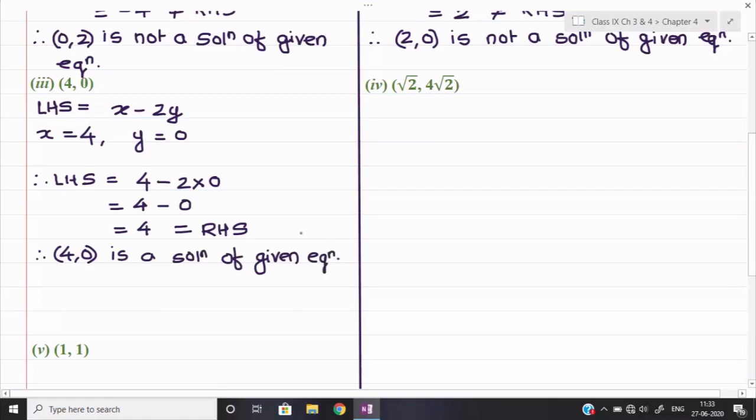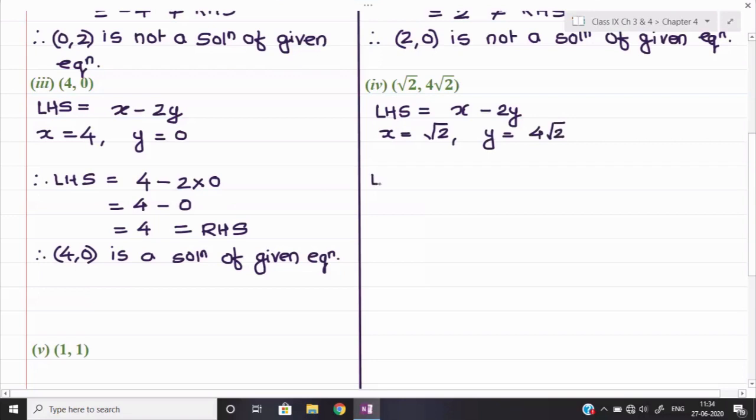Now similarly, let us see part number 4. In the fourth part, see the value of LHS, which is the same, x minus 2y. Now the value of x is given here as root 2 and the value of y is given as 4 root 2. So let us put in the values and see whether we get it or not.